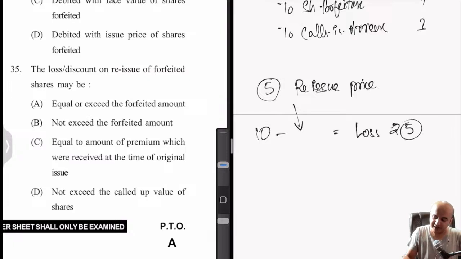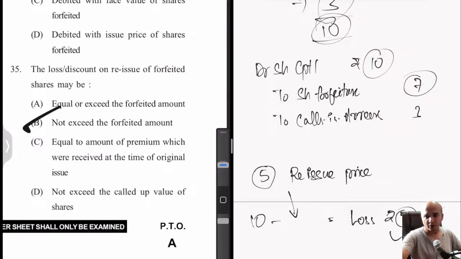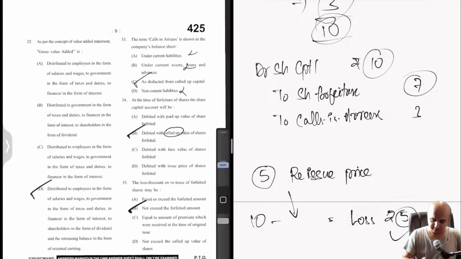Rupees 5. This loss should not exceed the forfeiture value. If it exceeds, then it will be a violation of section 53 again. So option B is in fact the right answer, as already pointed out by Aniket. I hope it is clear. If you have any doubts, please do ask. Moving on.